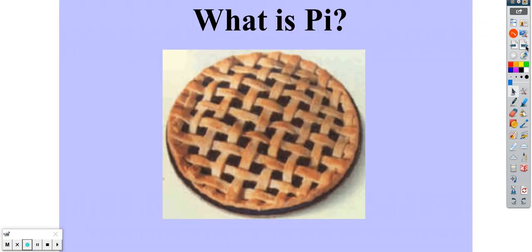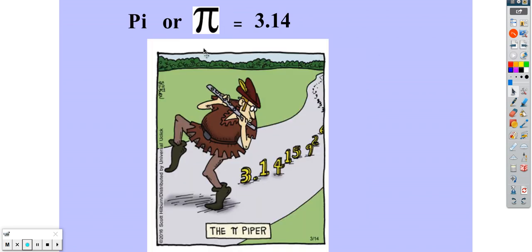Now, we use pi when we are finding the circumference of a circle, and no, we're not talking about a pie that you eat. What is pi? Pi, this is how you spell it, this is the symbol for it, is 3.14. It's actually an irrational number that goes on forever, but we round it to 3.14 so that we can use it to find the area and circumference of circles.